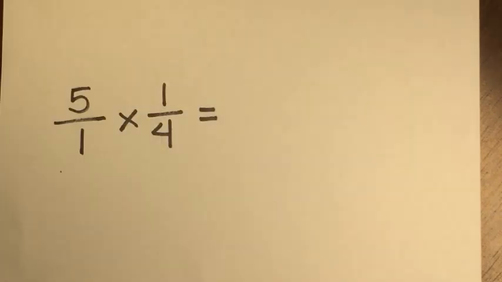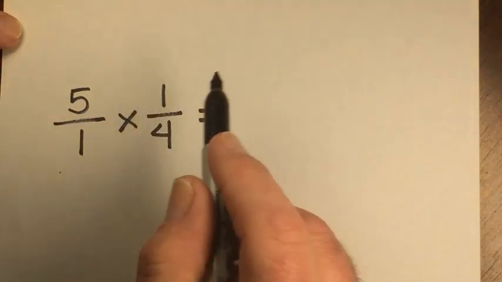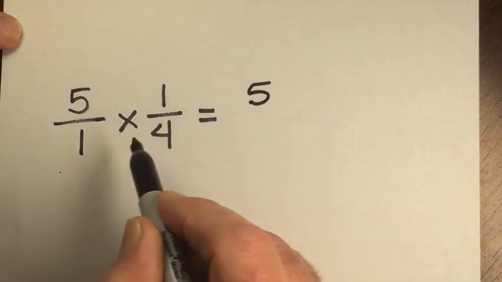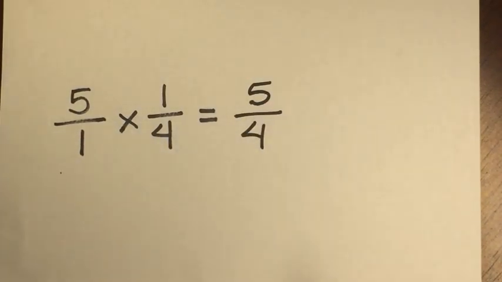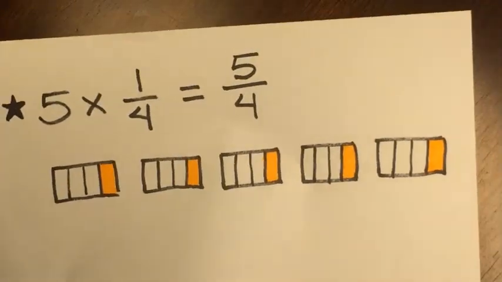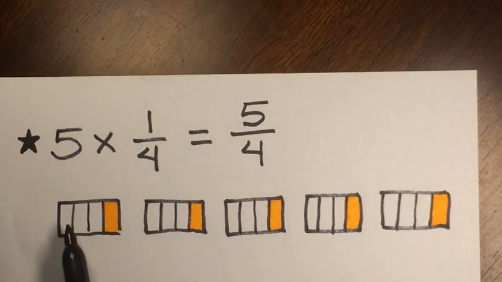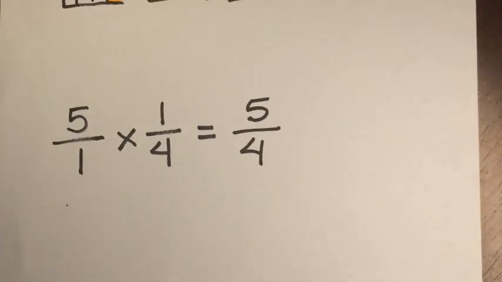So now we have the problem 5 times 1, which is 5 on the top, and 1 times 4 is 4 on the bottom. You can see we get the same answer. So with your pictures, 5 over 4. Without the pictures, 5 over 4.